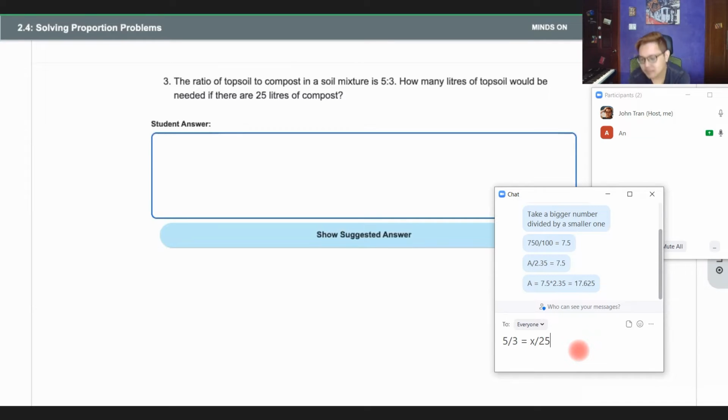So compost to topsoil to compost is 5 to 3. That's 5 divided by 3, isn't it? Or 5 3 if you want to.